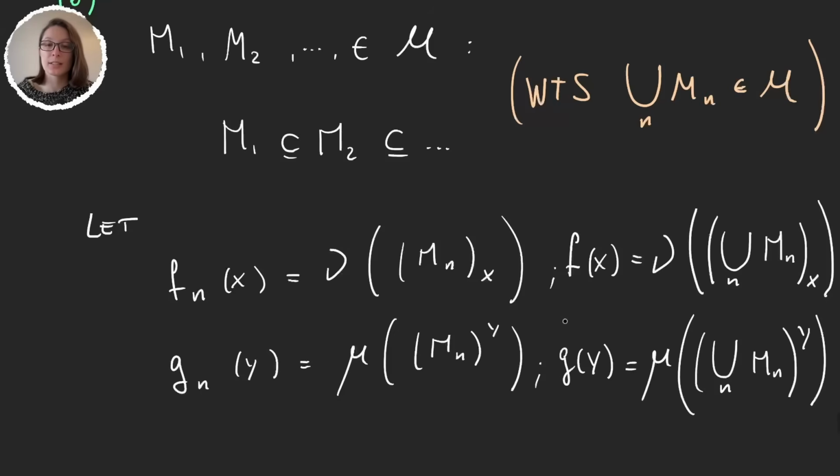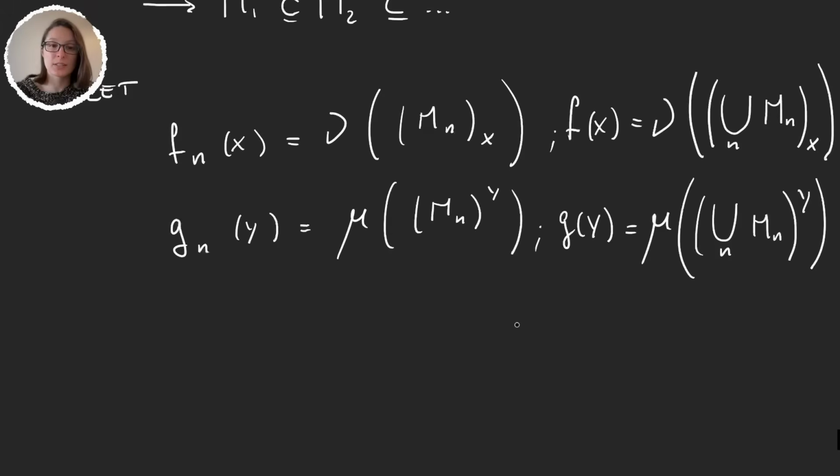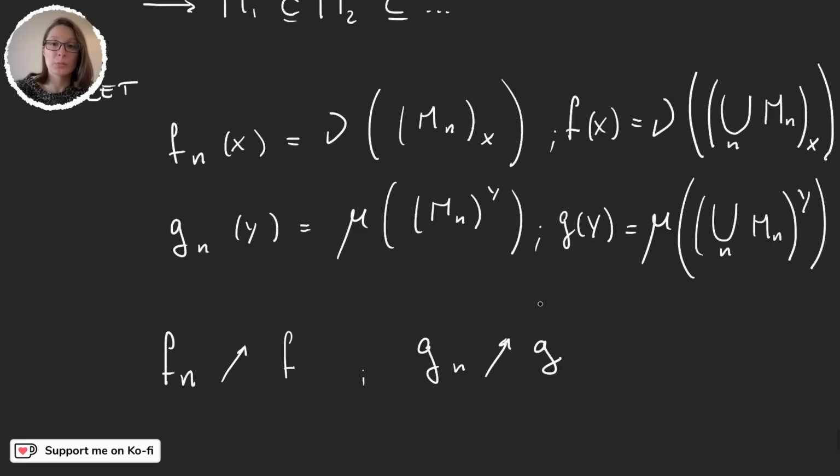Now, a key thing over here is that this sequence is increasing. So because this sequence is increasing, then fn is an increasing sequence of functions to f, and gn are also increasing towards g. So this is already giving us a huge hint of what to do. Well, what is my objective?